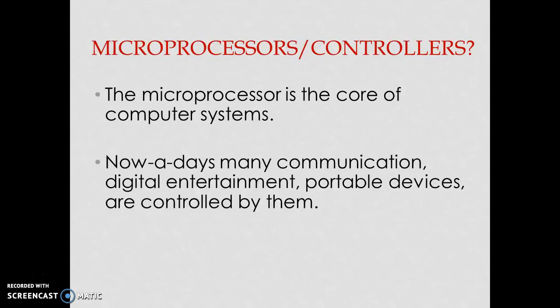Now microcontroller and microprocessor look similar, but what is the difference between the two? The microprocessor is the core of the computer system. Every electronic gadget, communication system, digital entertainment system, and portable device is controlled by a microprocessor itself.